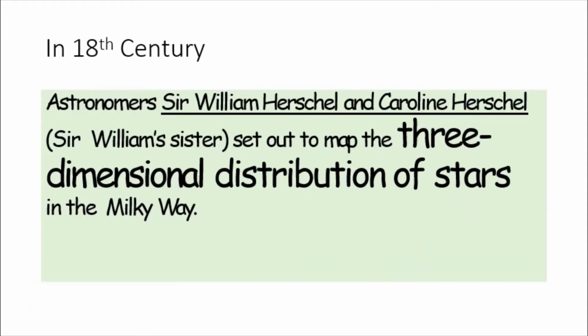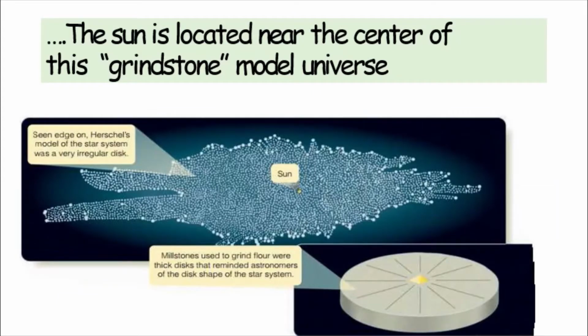In the 18th century, astronomers Sir William Herschel and Caroline Herschel, Sir William's sister, set out to map the three-dimensional distribution of stars in the Milky Way. The Sun is located near the center of this grindstone model universe.